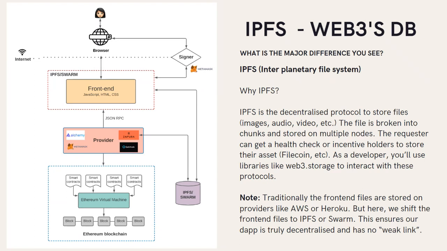But to give you a basic idea, there is something called a health check mechanism where you are incentivizing other people to store a part of your file in exchange for storing other people's files on your computer. So it is a way of give and take, in the sense that you are enabling decentralization for everyone, but you are also not becoming a burden on another person. And so that is pretty much what IPFS is.